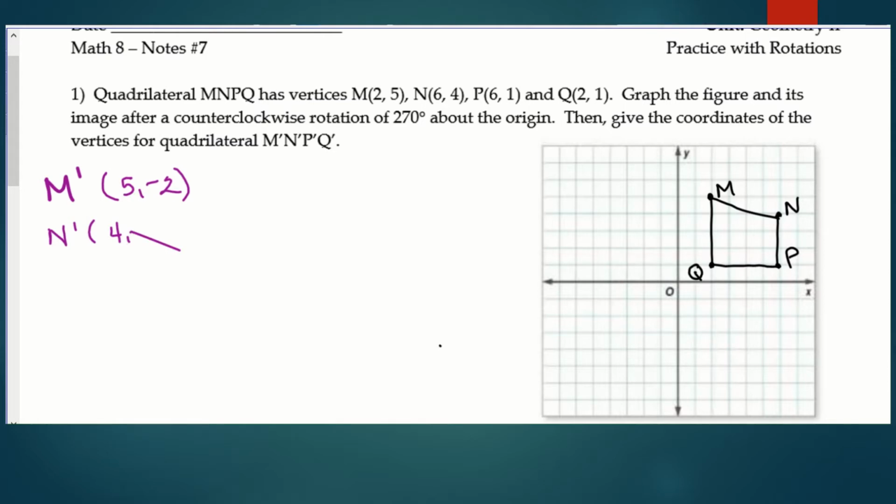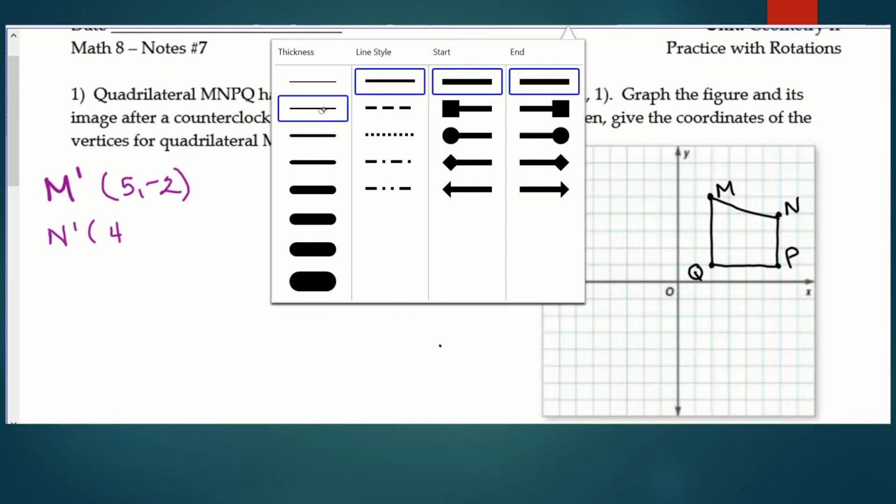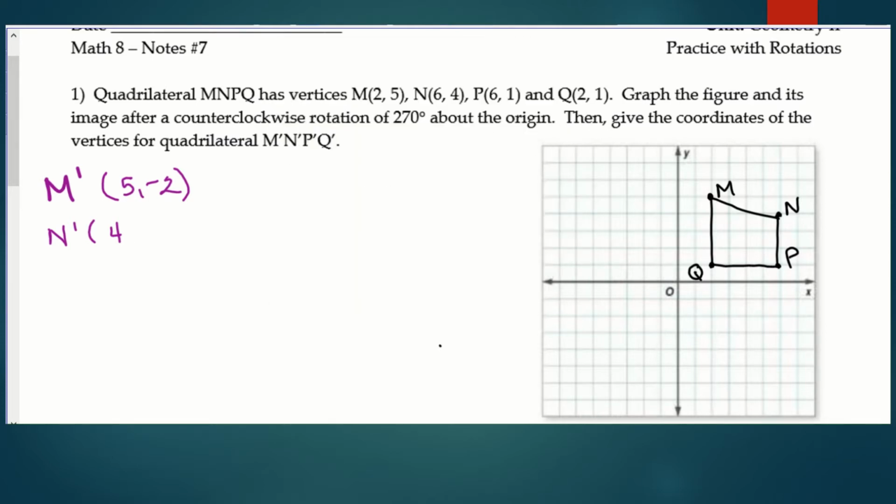Whoopsies, can't let my hand touch too much there. Got to keep that in mind as I'm writing. Can't let my hand touch the screen. All right, 4, negative 6. P prime is 1, negative 6. And Q prime is 1, negative 2. Okay.